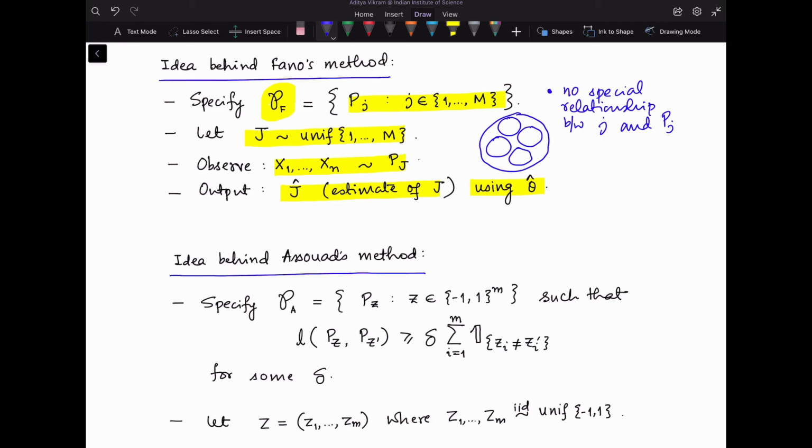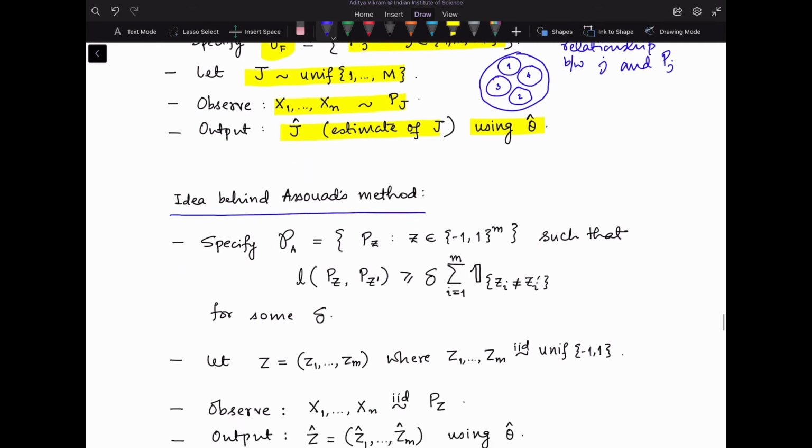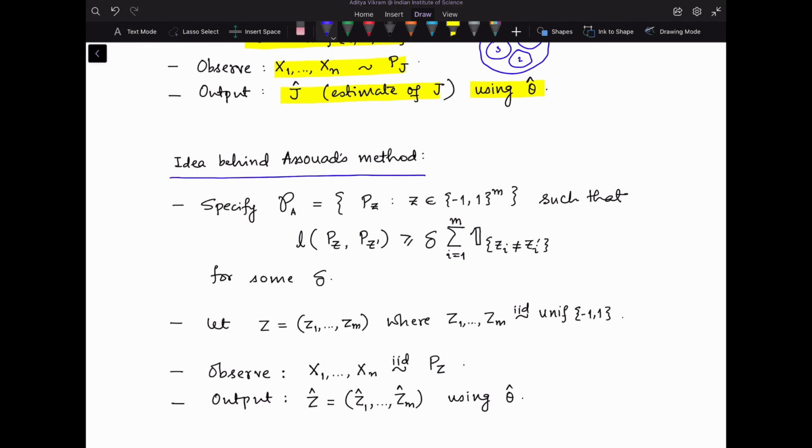Right? And this corresponded to, say, P1. Let's say this corresponded to P4, P3, P2, right? But it's not the case that if the indices are close, then the balls are also close. You could have named them anyhow, right? Okay, so this is to bring it in contrast to Assouad's method.